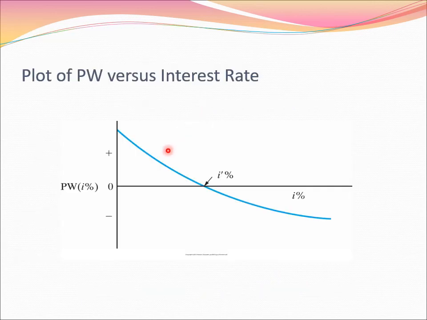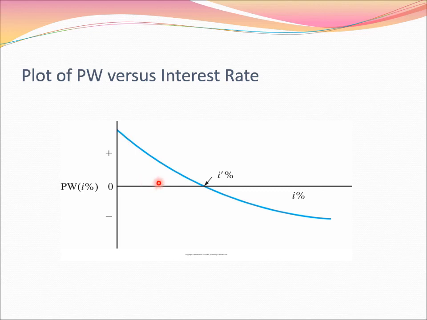If we look at the present worth of a cash flow of a project using different interest rates, this axis shows the interest rate, and using different interest rates may yield different present worths. For example, if you use a smaller interest rate, then the present worth can be a higher, positive value.